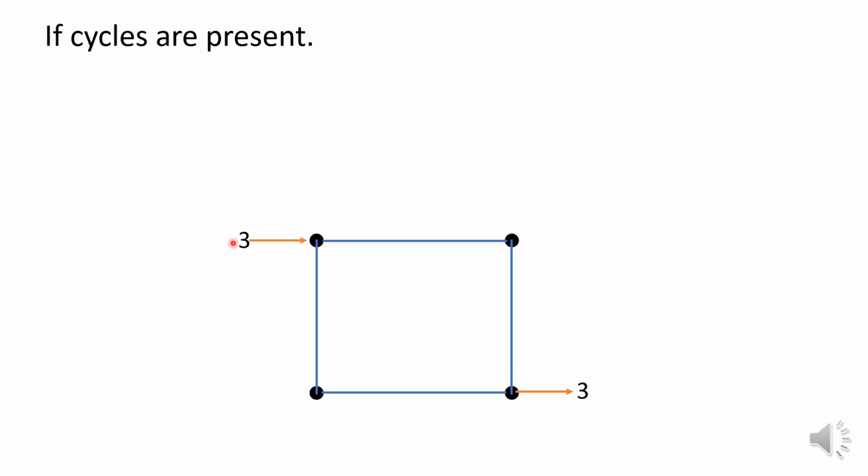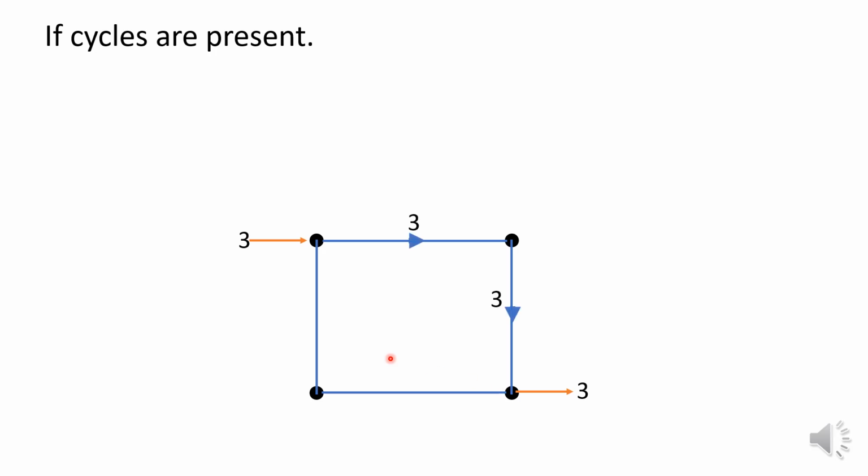And if you have an input of 3 here and an output of 3, there are different paths you can go from the input to the output. You can go along this branch and this branch, or you can go along this branch and this branch. So there's no unique way of solving the problem here.